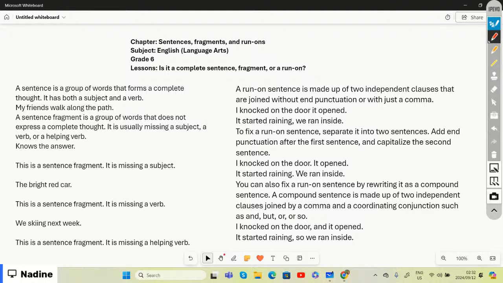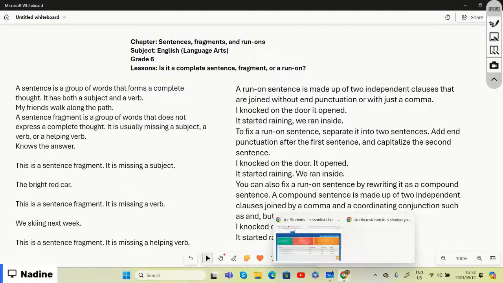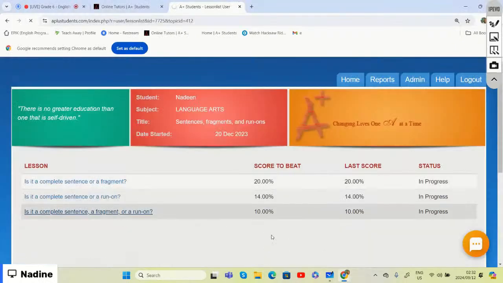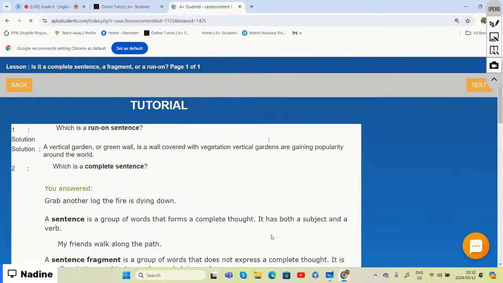All right, so now we're going to aplusstudents.ca, and we're going over, is it a complete sentence, a fragment, or a run-on? So I basically went over, briefly explained examples of what a sentence, a fragment, and a run-on is.